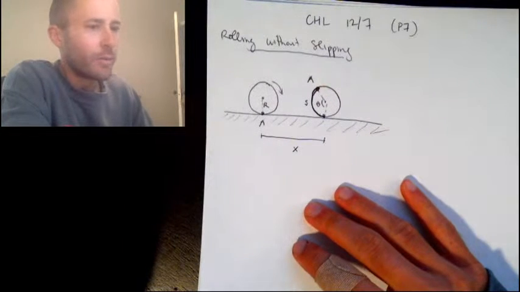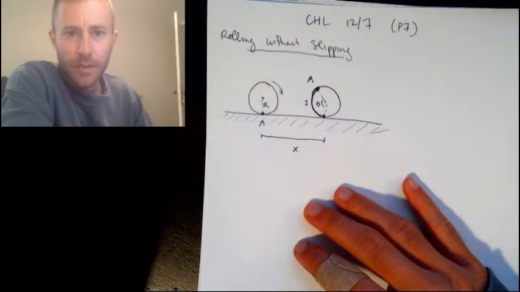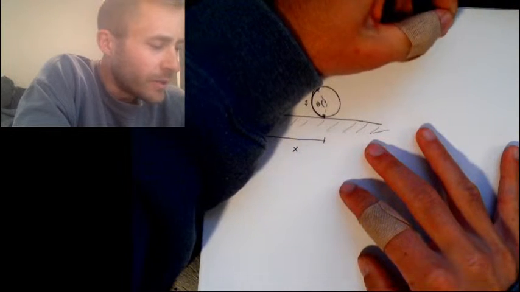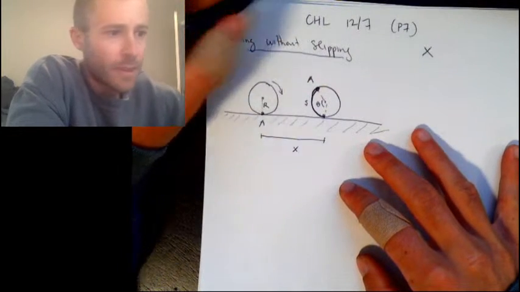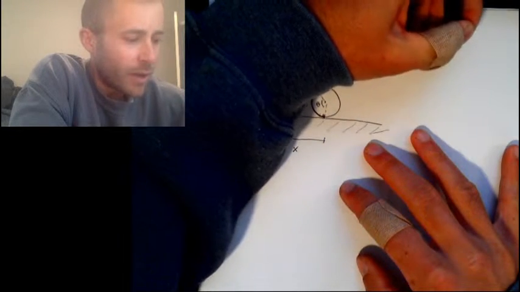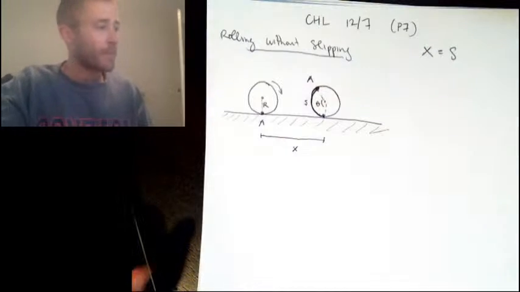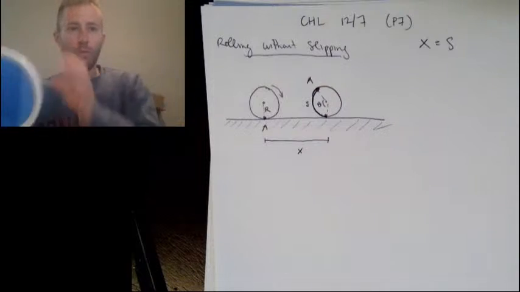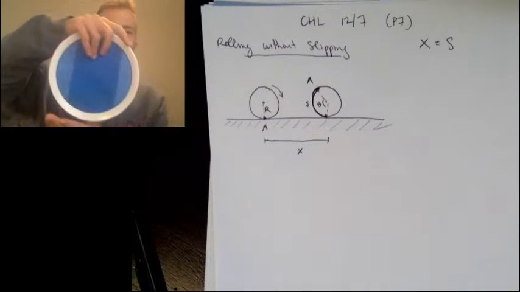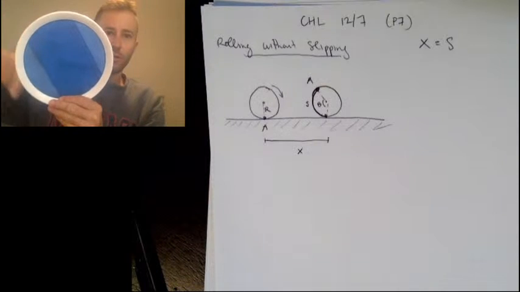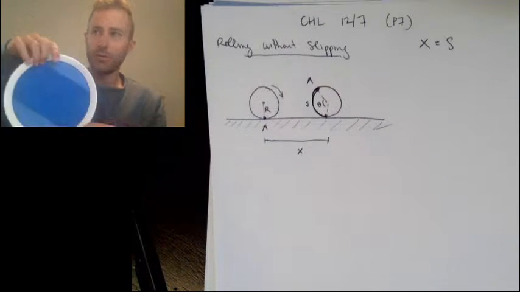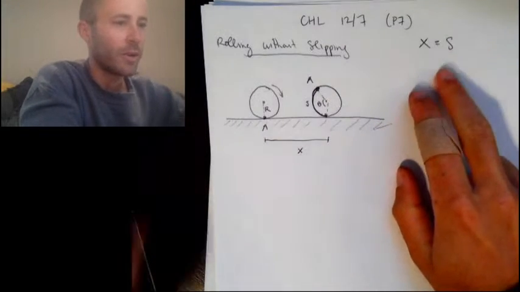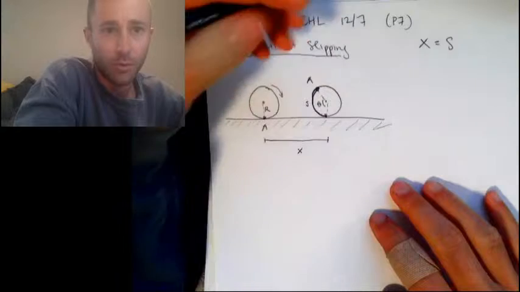The fundamental thing in rolling without slipping is that the distance the wheel moves forward is equal to that arc length. So if this wheel does one full rotation, it has to move forward by the total circumference of the wheel. This is the fundamental equation for something that is rolling without slipping.